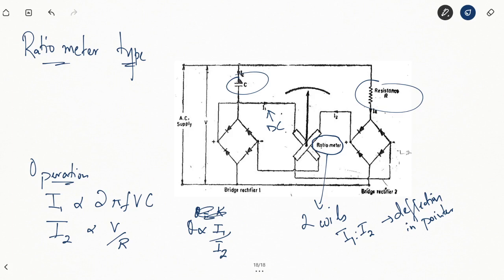In this case, we do not have directly any role of the supply voltage in the deflection. It's the DC rectified current that is causing the deflection, and since there is no consideration with the magnitude of voltage, a wide range of frequency can be applied for this particular device, and this meter can measure up to 5000 Hertz of frequency.